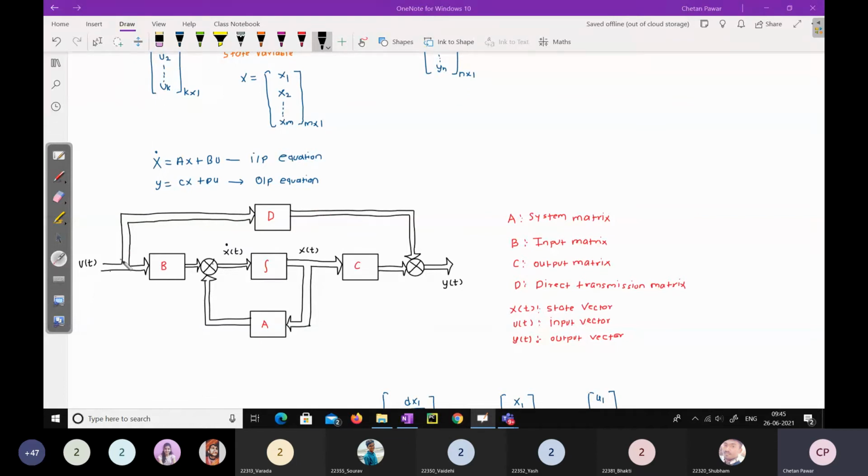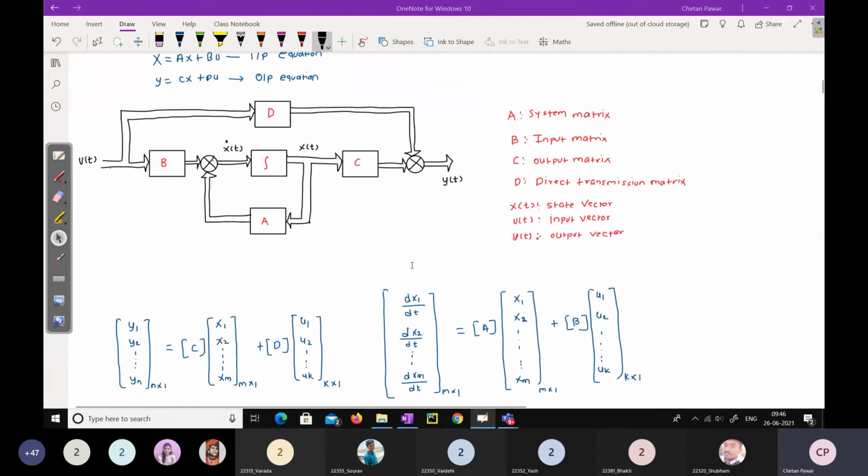It is not passing through our system; it is directly connecting the input to the output. So D is the direct transmission matrix and U is the input. Like this, there are two equations which represent the overall system.